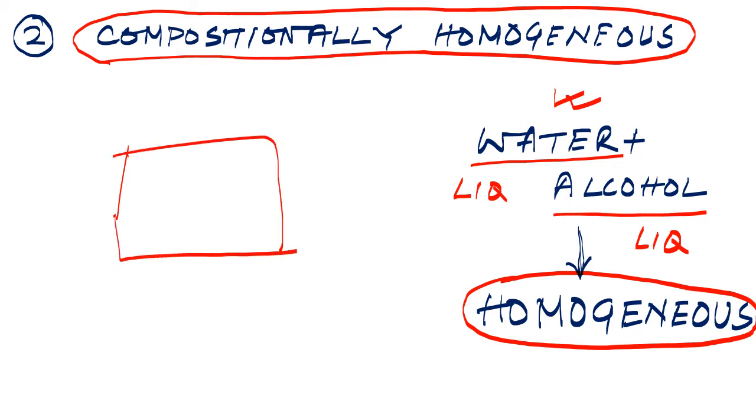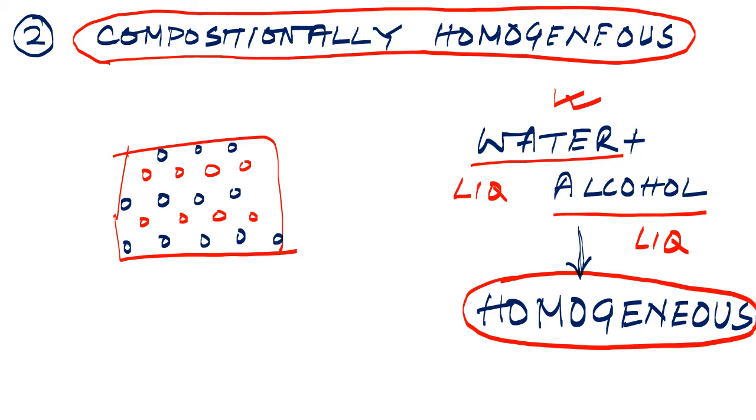Composition wise, each and every part of it matters. Suppose this is a material where you have some amount of host atoms, and some foreign atoms also sitting somewhere like this, and the crystal structure is not changed. You can see at each and every part that it is a homogeneous structure.